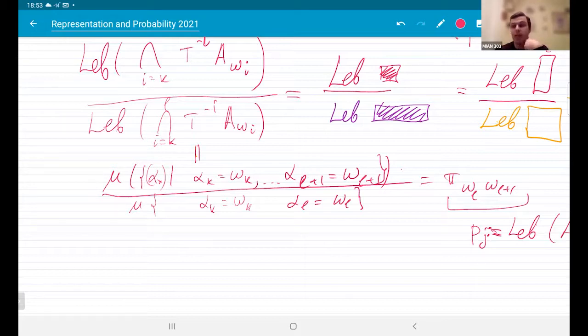But in fact, a discovery of the 1960s was that this is not so unique. For example, if you perturb this nice linear map, then exactly the same thing will hold, maybe with some corrections, but nevertheless.